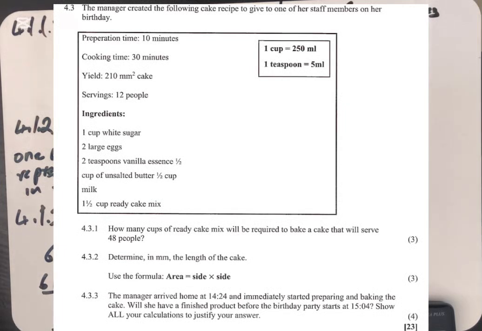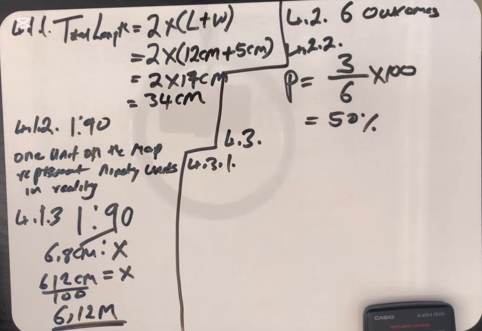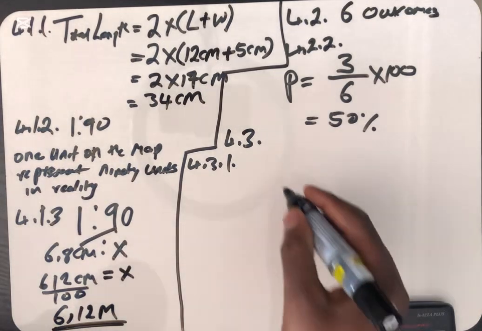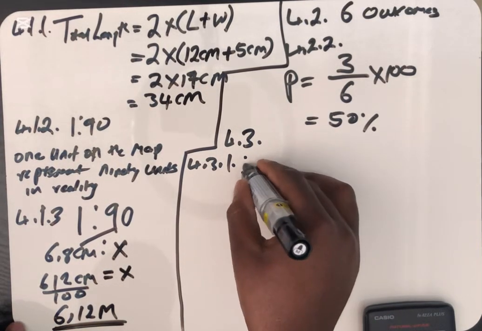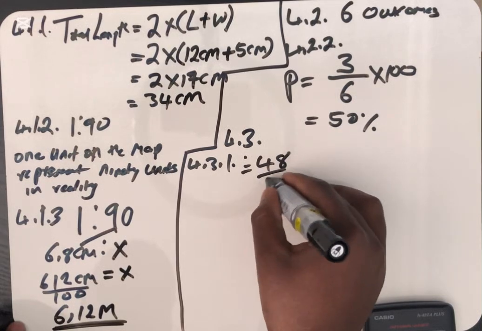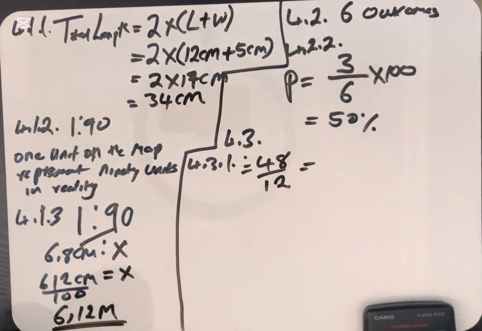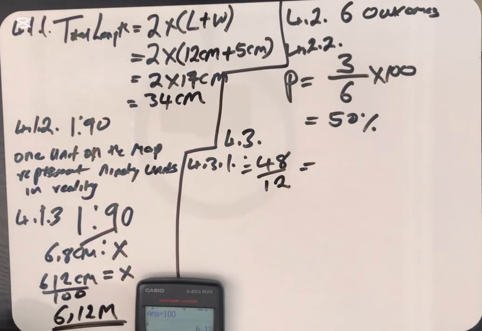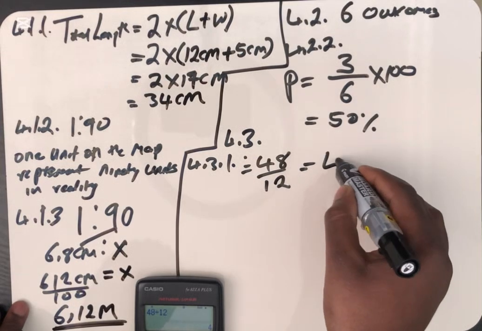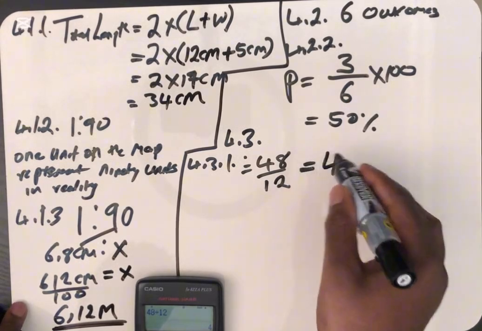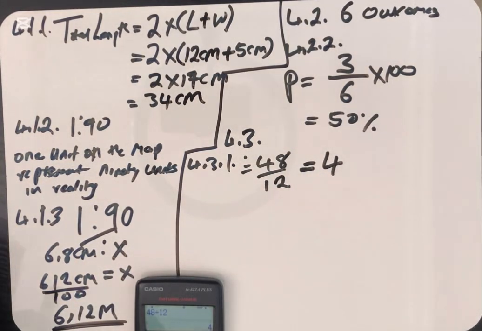Don't forget, the recipe that we have is for 12 people. So let's check. How many 12 people do we have here? We are going to say 48 divided by 12. It will give us the number of 12 people that we are having inside 48. We found that we are having 4. We are having 4 twelves in 48.